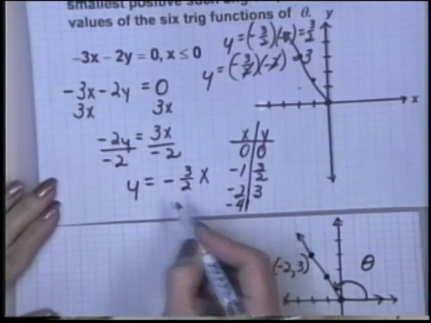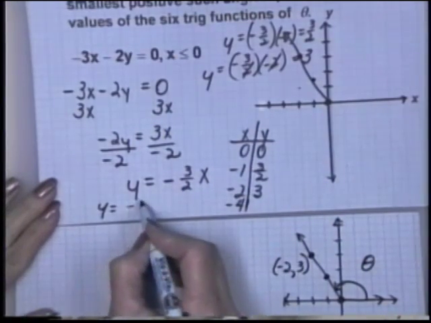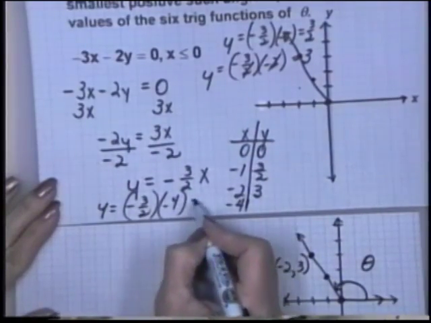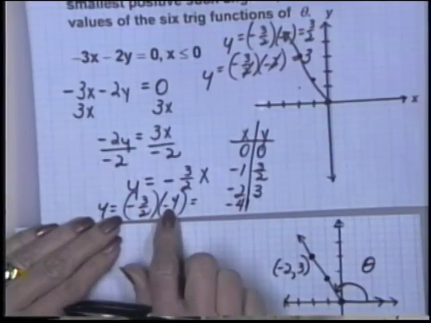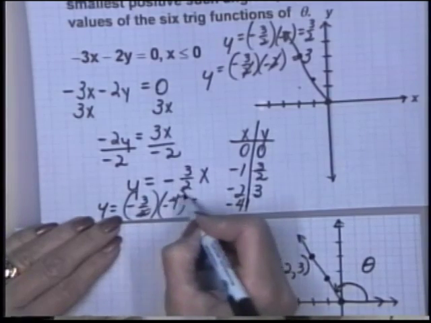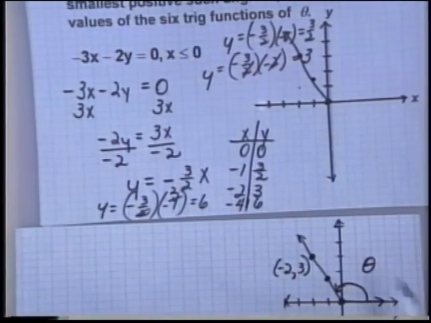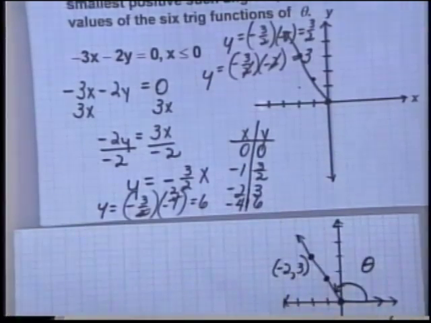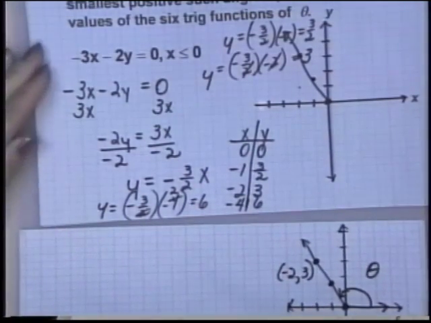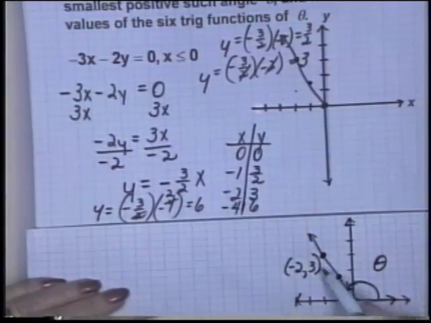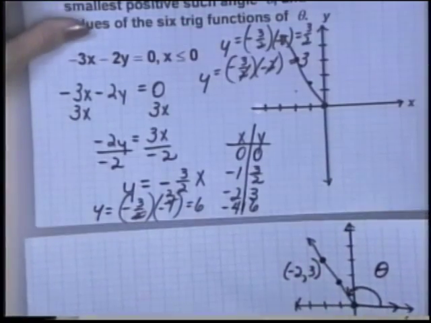If I use -4, then y is -3/2 times -4, and of course a negative times a negative is a positive. 2 goes into 4 twice, so I get 6. You could just as well use -4, 6, and you might want to try that because it is important that you realize that you can use any point on this terminal side other than the origin.